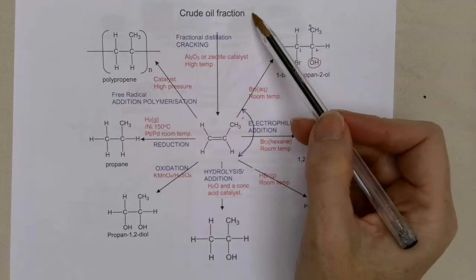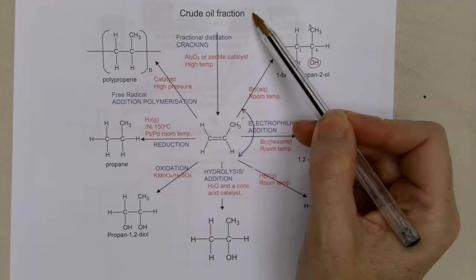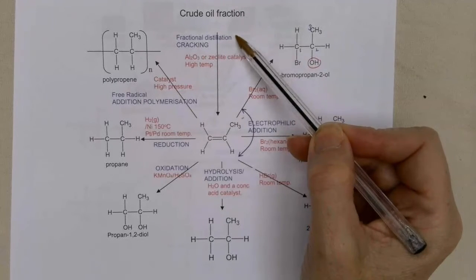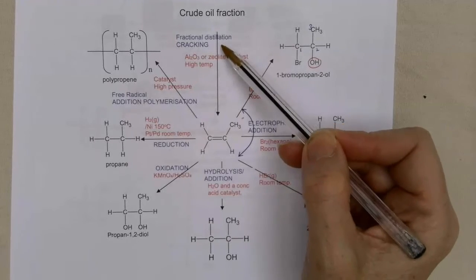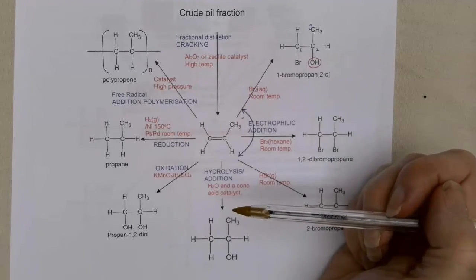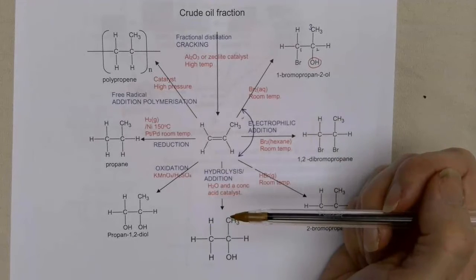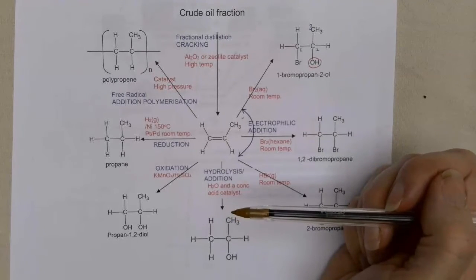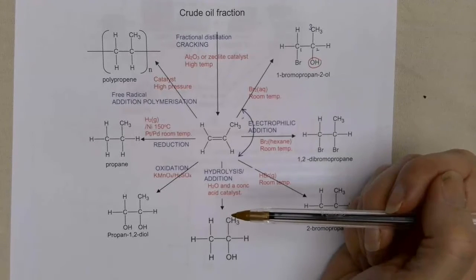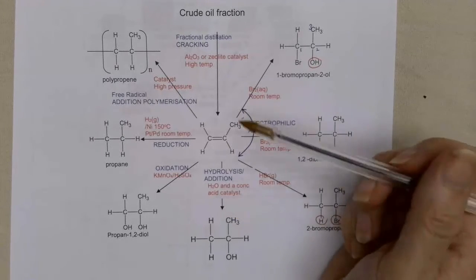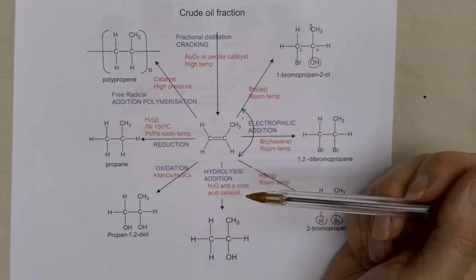From our crude oil fraction starting at the top, we would do a fractional distillation to produce the alkanes, quite long chained usually, and then crack them to produce shorter chained alkanes and the alkenes. And that's done using aluminium oxide and a zeolite catalyst. We need high temperatures and a catalyst because you're trying to break strong carbon-carbon bonds. So you need both those things to get this to work.